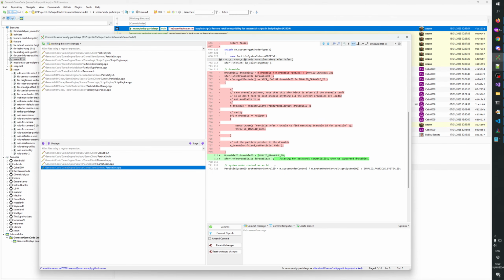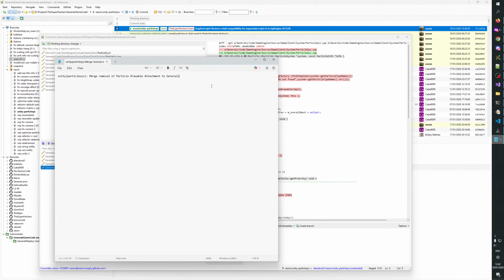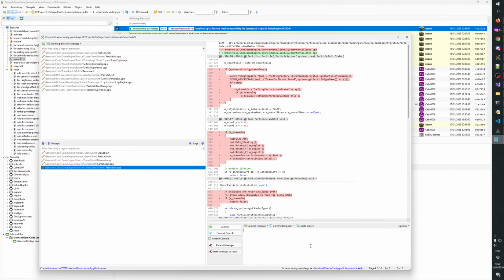Okay. Good. Then merge removal. Particle.